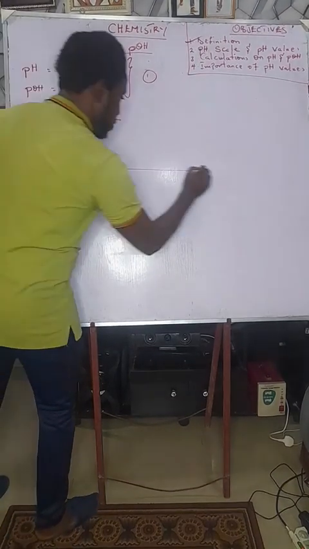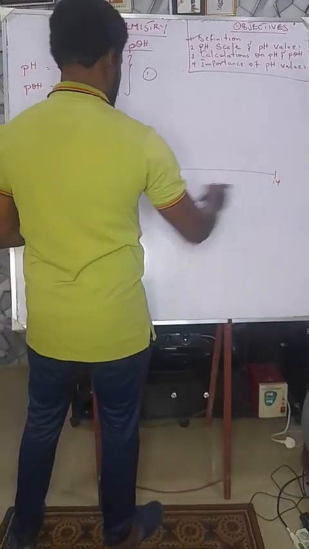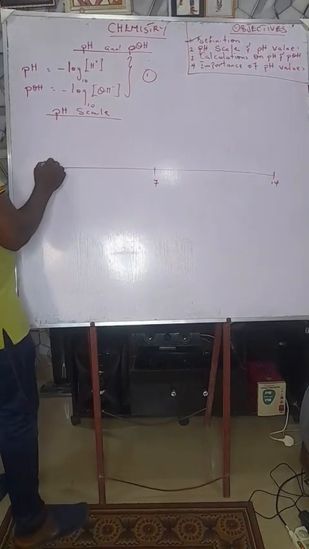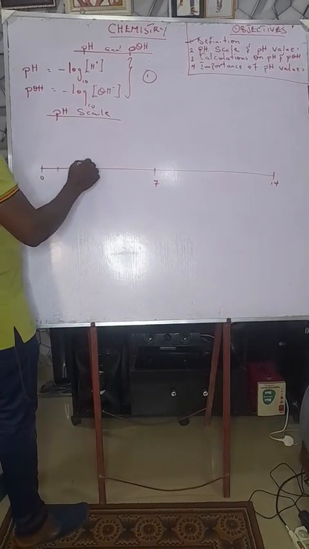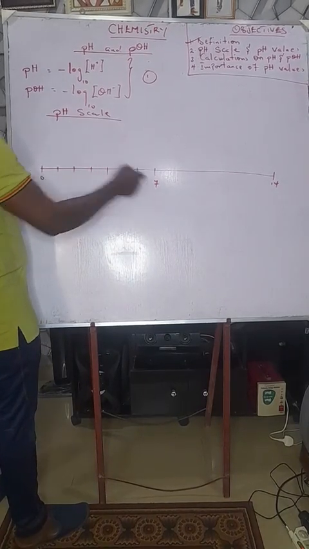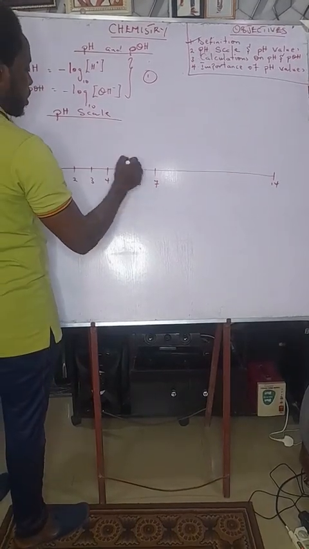Let me draw like this. We have 0 here, and we have 14 here. In between, it's 7. So, let me see, 1, 2, 3, 4, 5, 6, 7.